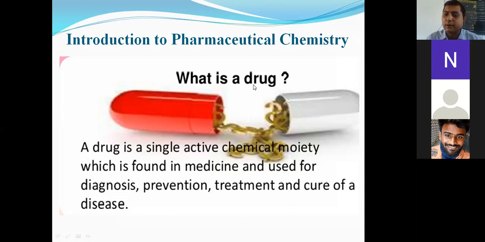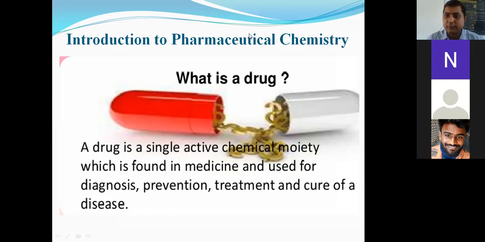Depending on the nature of the compound, we can divide pharmaceutical chemistry into two parts: pharmaceutical inorganic chemistry and pharmaceutical organic chemistry. So what is organic chemistry? That chemistry which deals with the study of organic compounds.